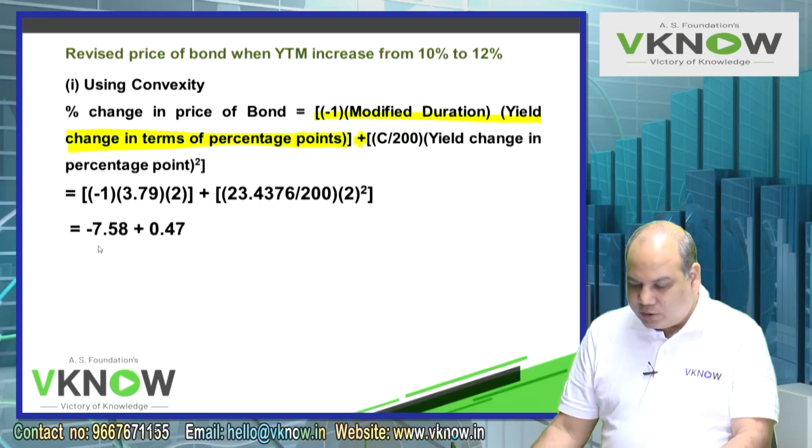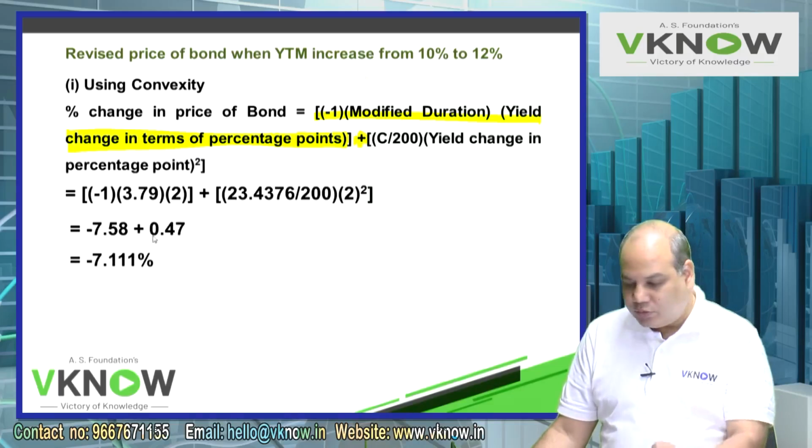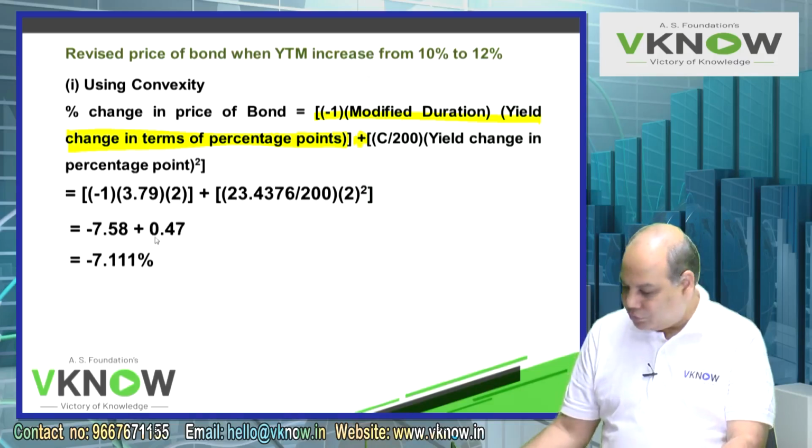So that is minus 7.58 plus 0.47, that is minus 7.111%. So it has given the effect of that gap.